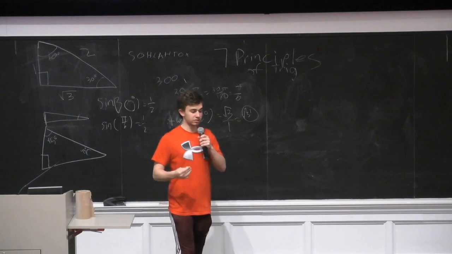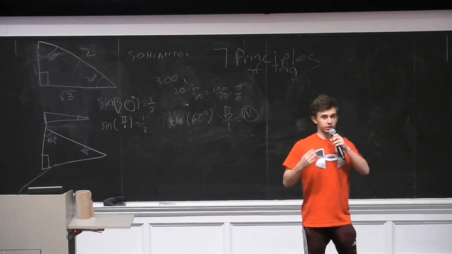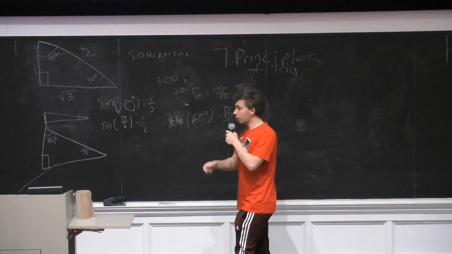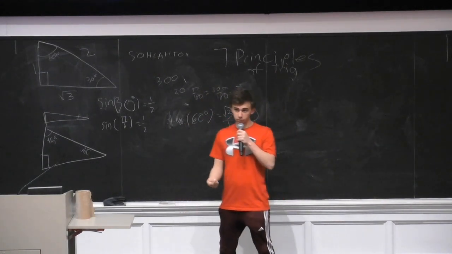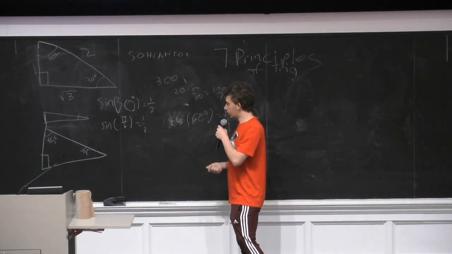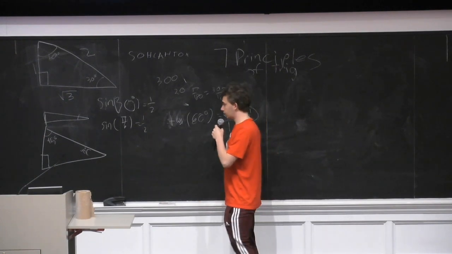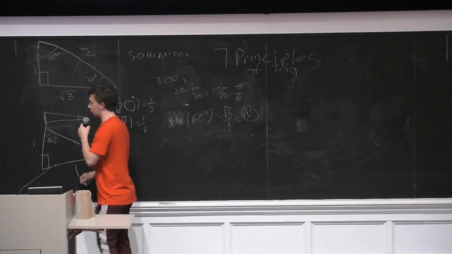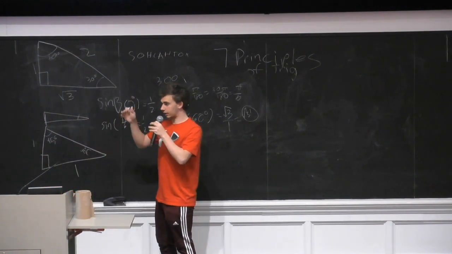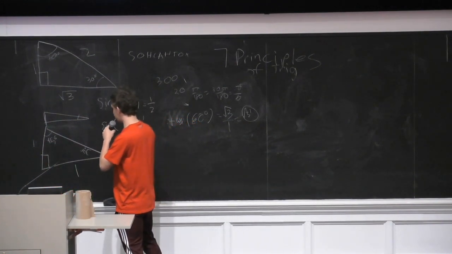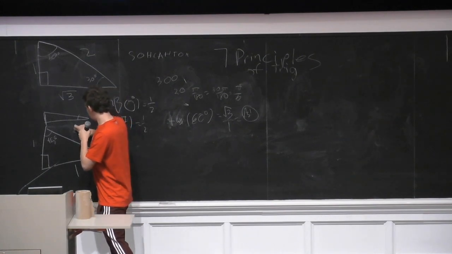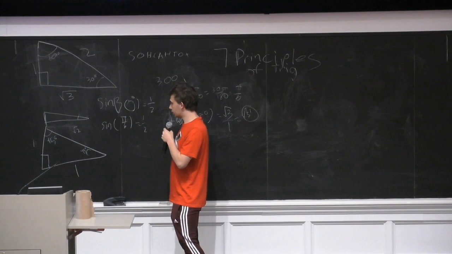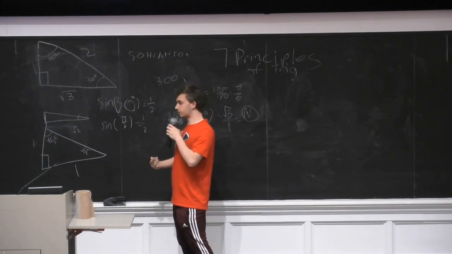Now, for 30, 60, 90 degrees, you want to think 1, 2, 3, which is the 1, 2, rad 3 from there. With the 45, 45, 90 degree triangle, you want to think 1, 1, rad 2. You know that across from the 45s, they have to be the same, because same angle means the same length. So across from the 90 degrees is just rad 2, or square root of 2, which makes sense because the 90 degrees should be bigger.